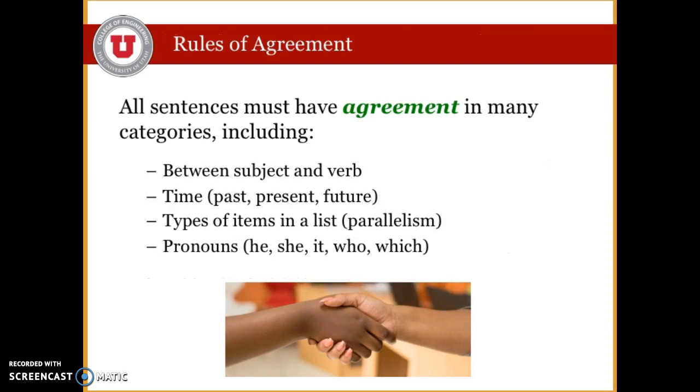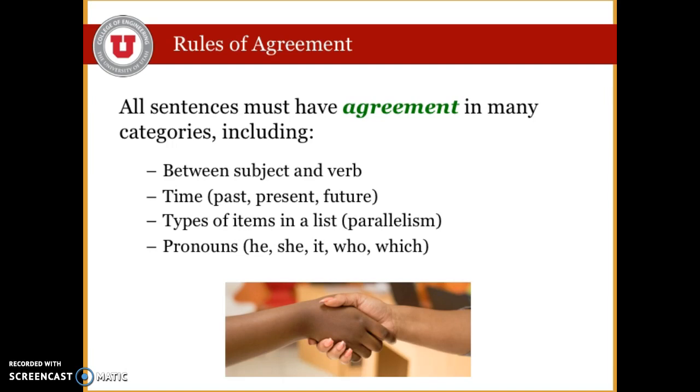So the rest of this topic today is going to be devoted to agreement, that it must appear within sentences. There are lots of ways that elements of sentences must agree. The biggest one we'll talk about today is between subject and verb. There are also agreement requirements for time, so we have to make sure we're discussing what happens in the past versus the present and the future correctly.